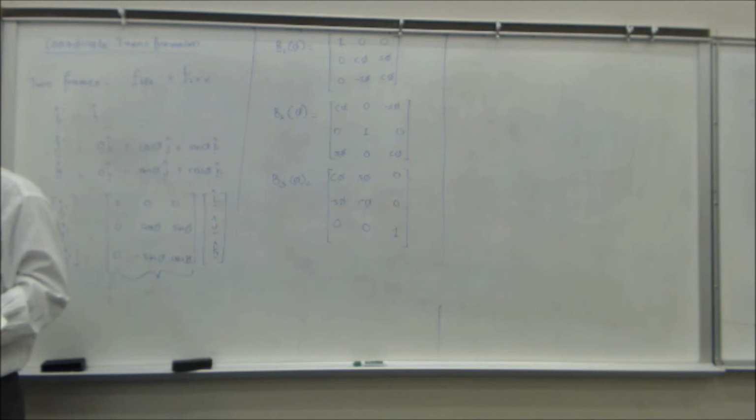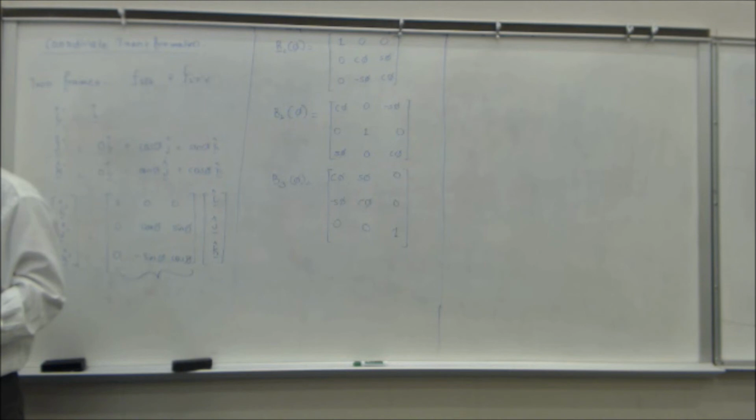The final coordinate frame is x prime, y prime, z prime. Do you see it? You're going from x, y, and z to x prime, y prime, and z prime.